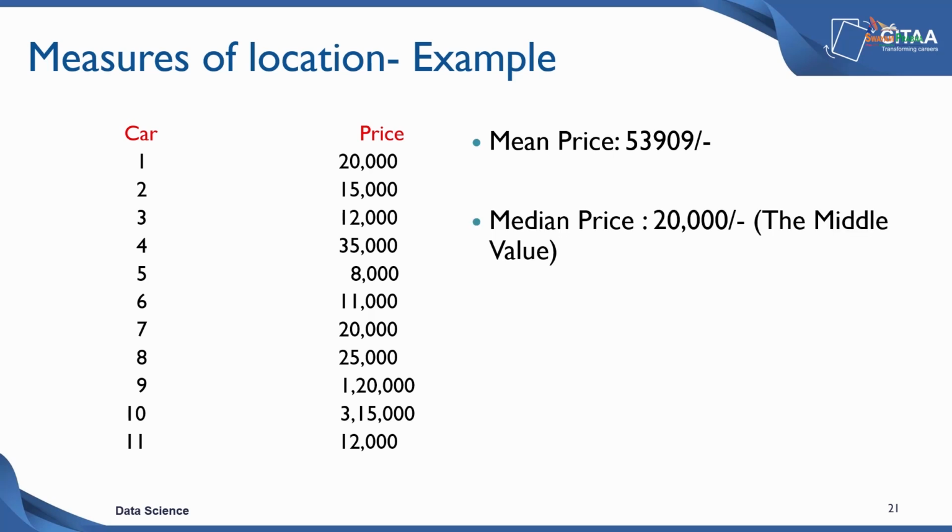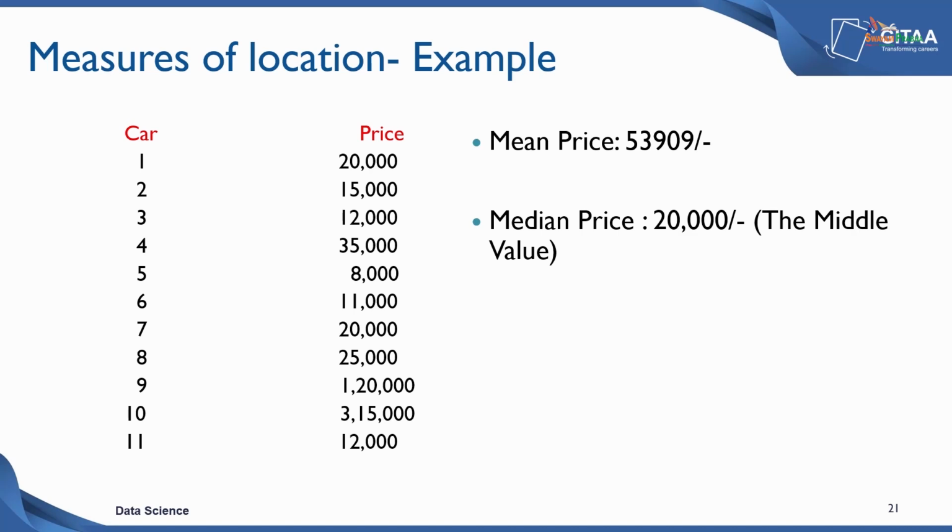The median price is 20,000, and median is defined as a central value. There are 11 pieces of data here, so you put this in ascending or descending order, and the 6th value turns out to be 20,000, and therefore the median is 20,000. You notice that the median is a lot more representative of the kind of prices cars get.